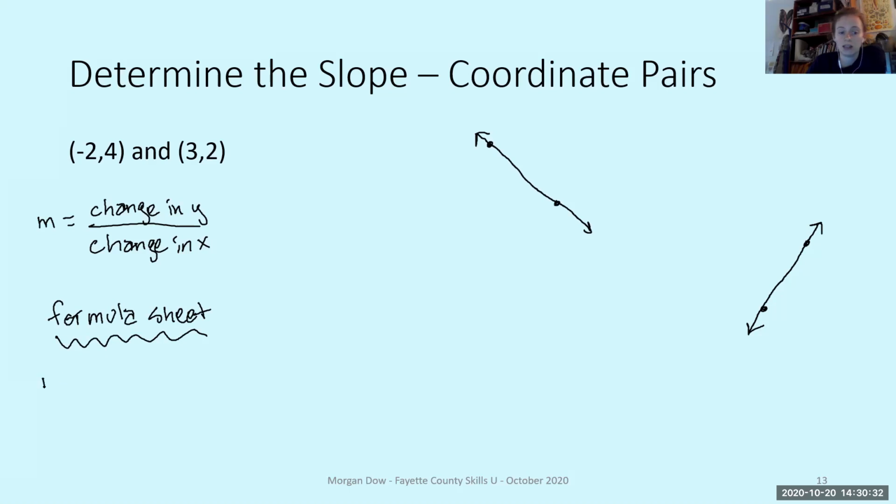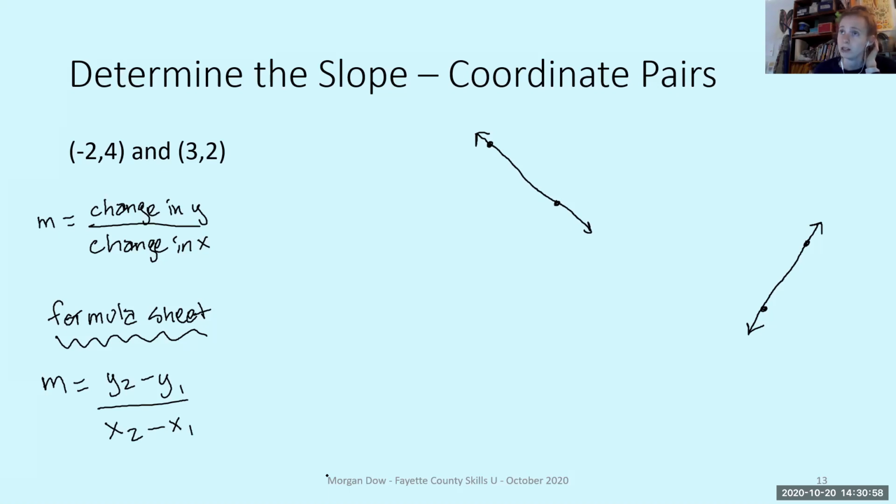It'll say formula for slope of a line, and you'll see m equals y2 minus y1 over x2 minus x1. That is the formula you can use if you've got 2 coordinate pairs or 2 points and you're trying to calculate slope.